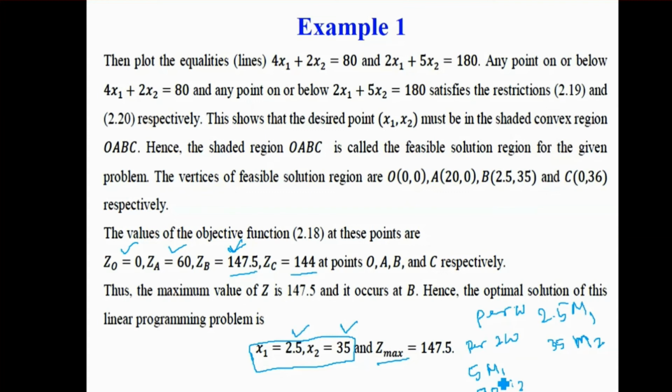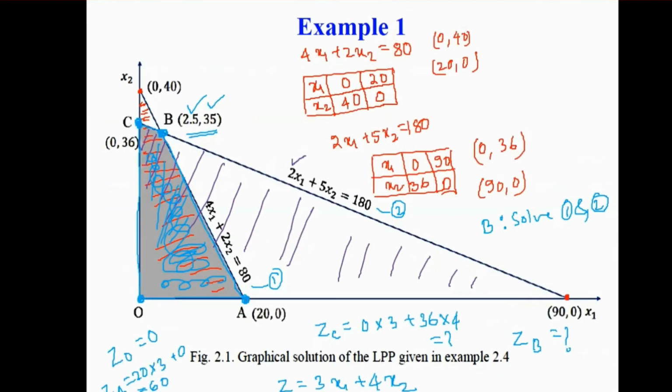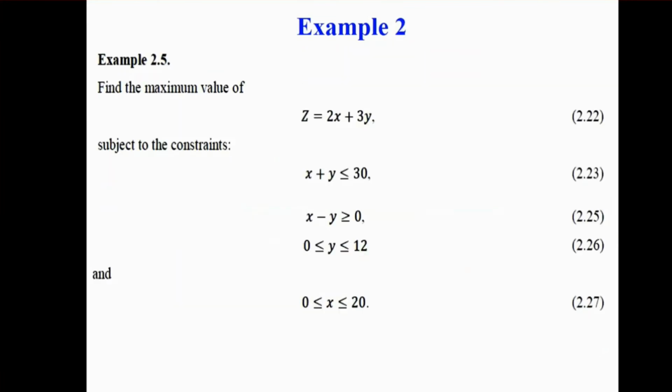I hope this example 1 is clear. Now let us move towards the second example, which is a little different. You see here the difference is that one constraint is less than or equal to 30, another constraint is greater than or equal to 0, 0 less than or equal to y less than or equal to 12, 0 less than or equal to x less than or equal to 20.